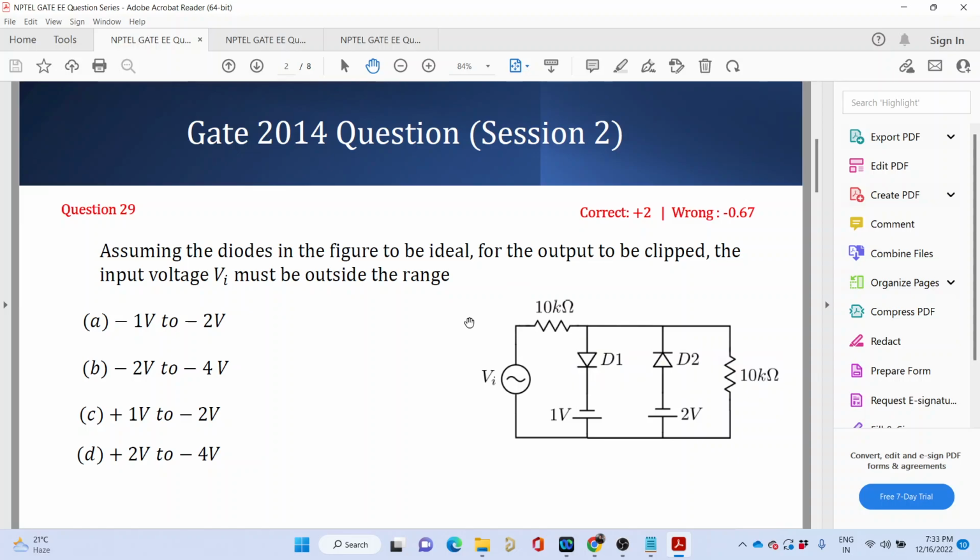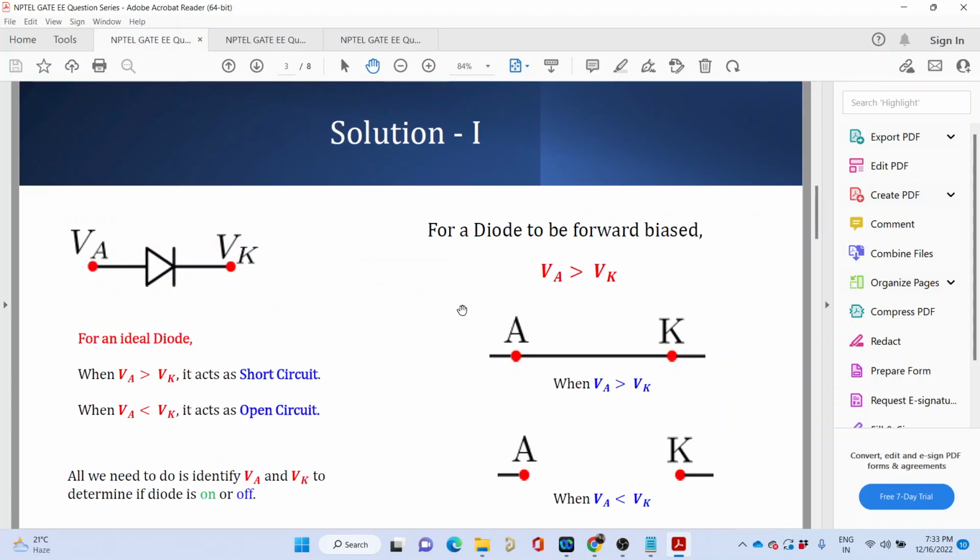Anyways, I will go step by step and tell you how to solve it. For those who haven't studied diodes yet, I have briefly made this slide. This is the circuit symbol for a diode. This is called the anode and this is the cathode. When the anode voltage is higher than the cathode voltage, then only the diode conducts. So when VA is greater than VK, it acts as a short circuit.